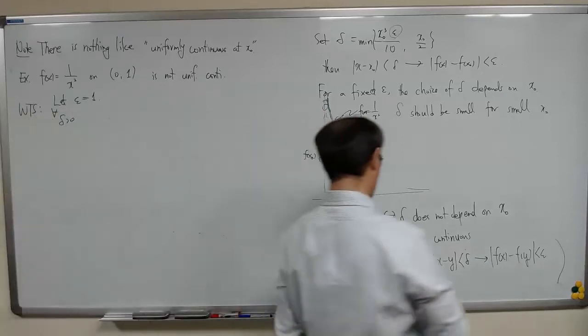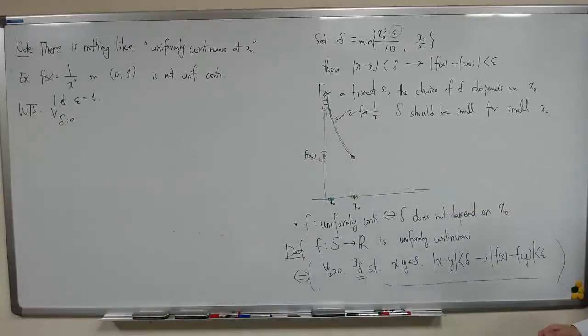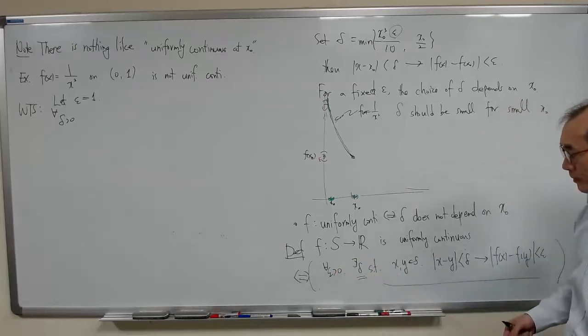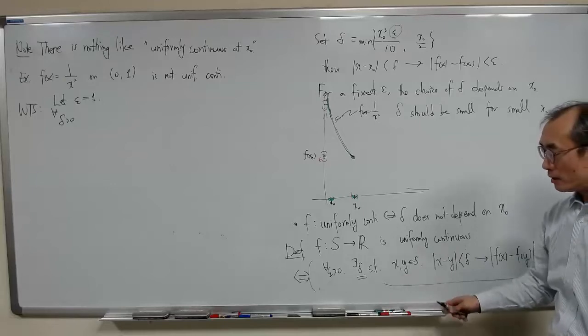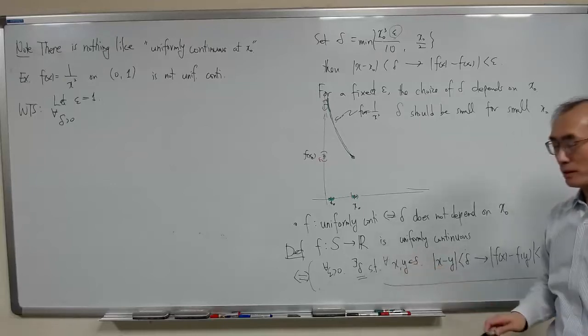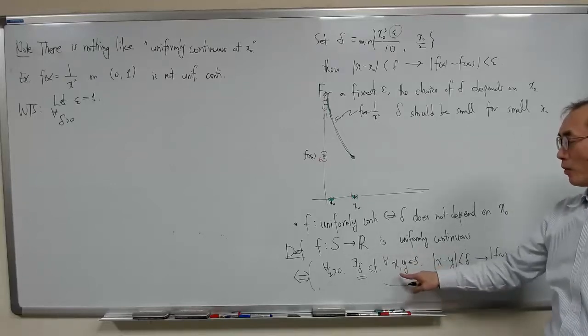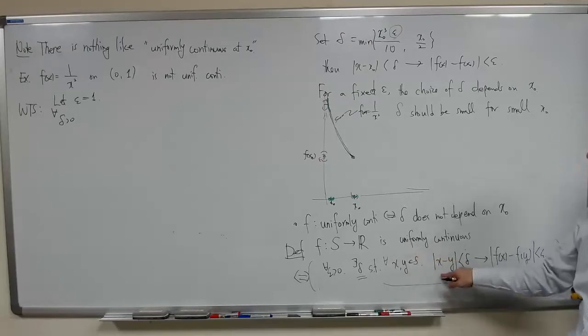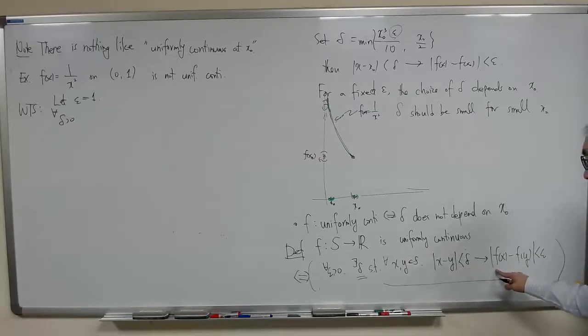The statement says: for any epsilon, there is delta such that for all x and y in the domain of definition, if they satisfy this estimation, we get the result like that.